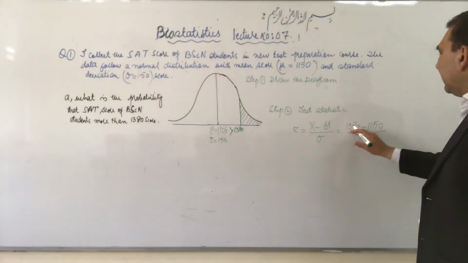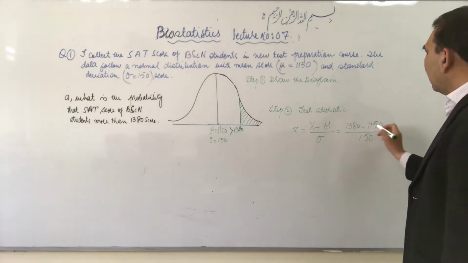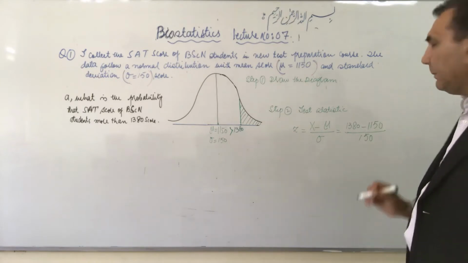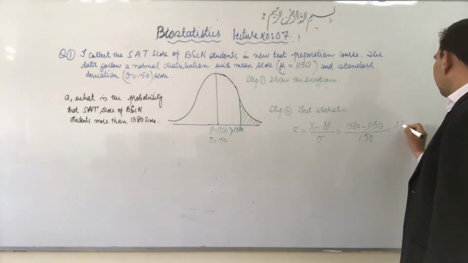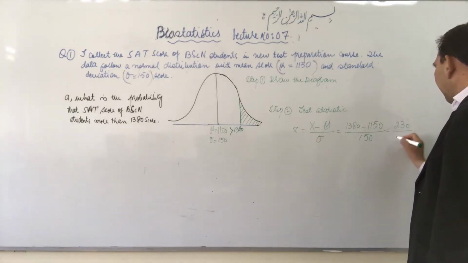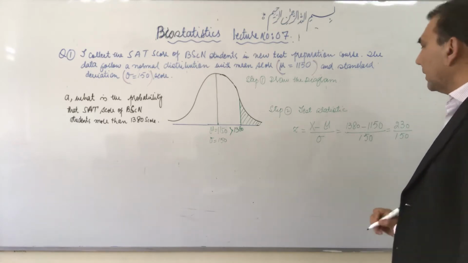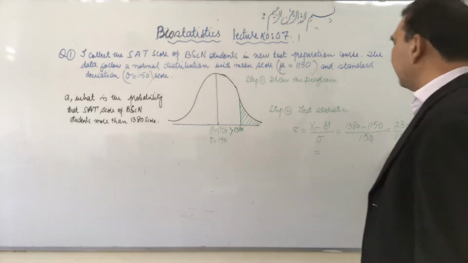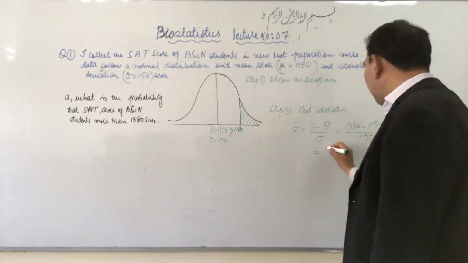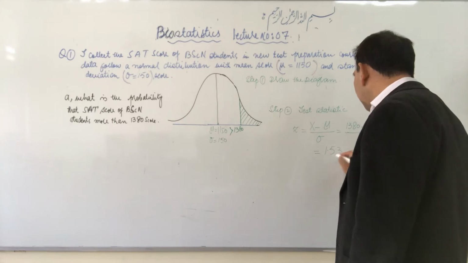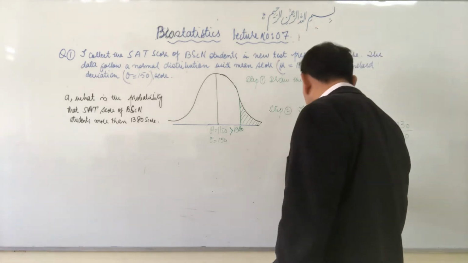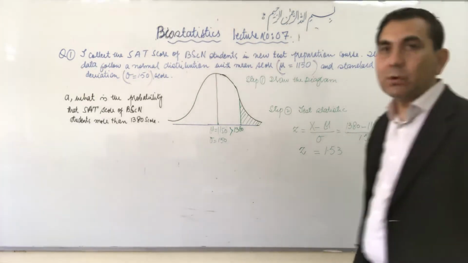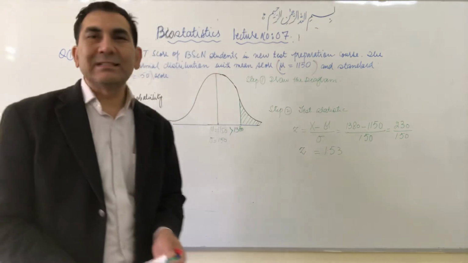When we subtract 1150 from 1380, it is 230, and divided by 150 it comes to 1.53. So 1.53 is the Z score.